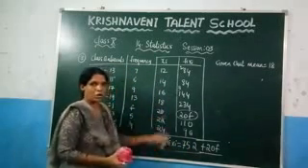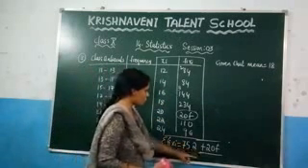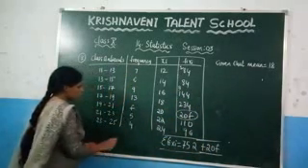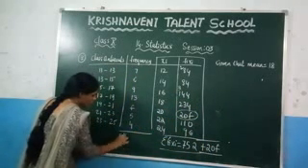After adding all these values, you will get 752 plus the remaining 20f. Now what we need to do is calculate sigma fi.